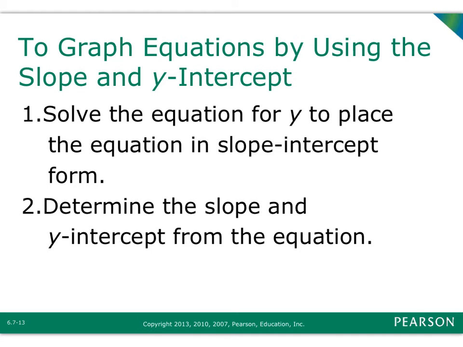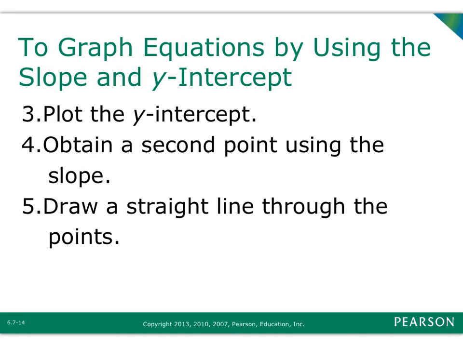To graph the equation by using the slope and the y-intercept, first we solve the equation for y to place the equation in slope-intercept form. Secondly, we determine the slope and the y-intercept from the equation. Thirdly, we plot the y-intercept, and fourth, we obtain a second point using the slope. We draw a straight line through the 2 points.